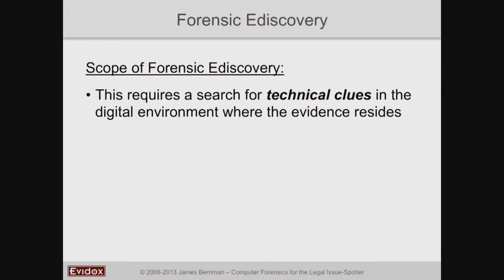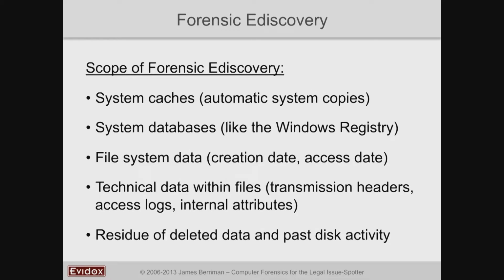So what are we looking for now? We're looking for the technical clues surrounding the evidence to let us know what might have happened. We're looking at the environment in which the evidence resides. Where do we look for these things? Unlike looking on the face of the document, we look at things like system caches, which is where the computer makes a working copy or a backup or a scratch copy of a file for its own purposes, and we can find that and look at it.